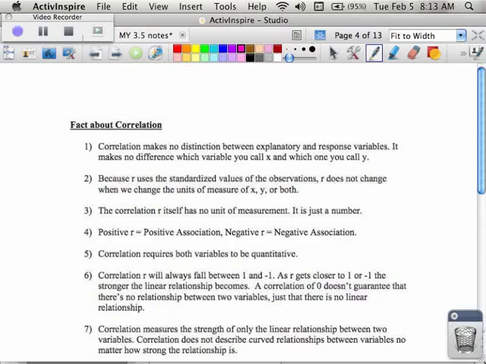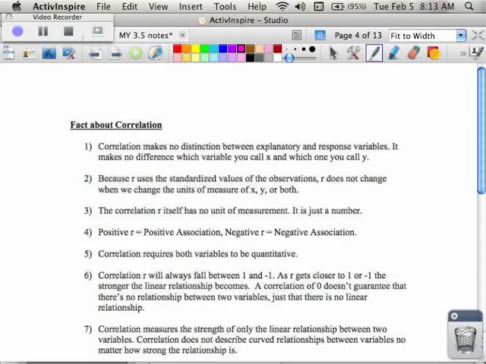Positive R values means a positive association. Negative R values is a negative association. Correlation needs both variables to be quantitative. That's what I talked about earlier. You can't use like hair color. And your correlation will always fall between -1 and 1. No matter whether it's positive or negative, the closer you are to the absolute value of 1, the stronger the association between the two things.